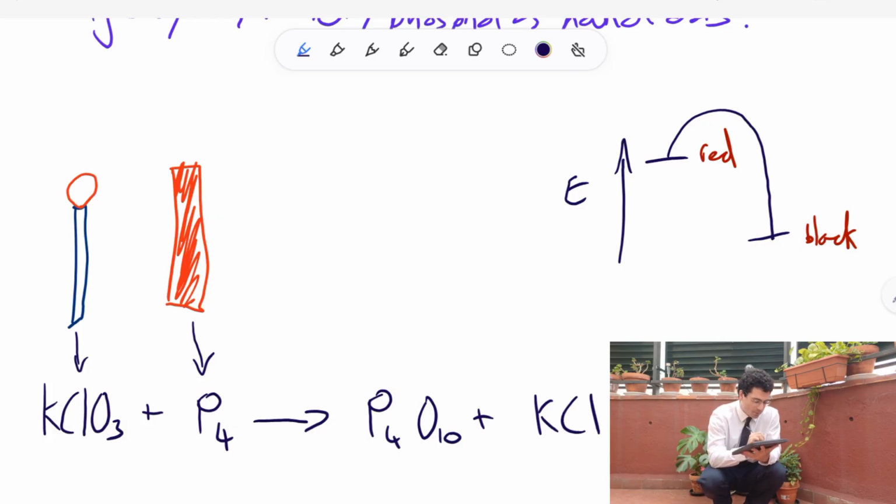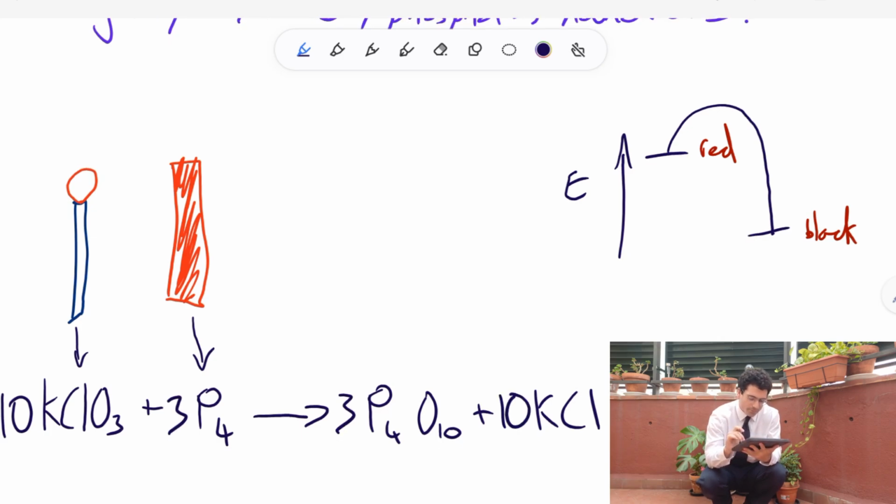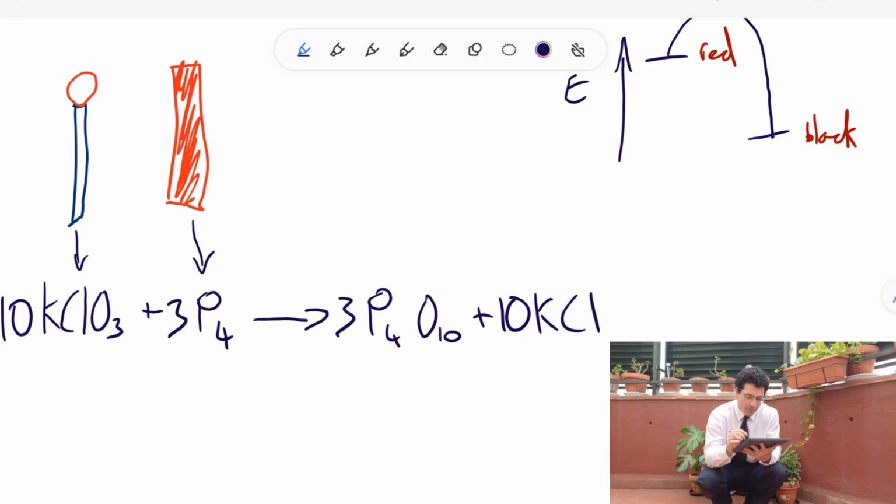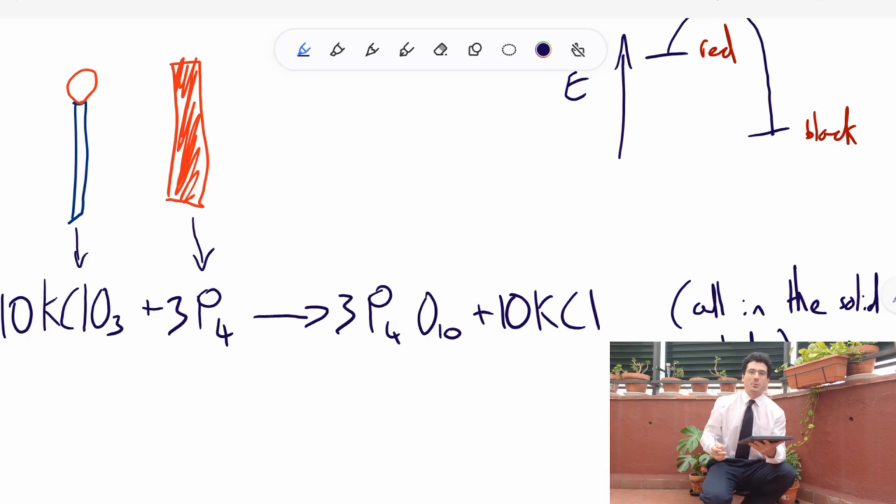To balance this, you need 10, 3 of those, 3 of those, and 10 of those. And these are all in the solid state, just to save myself the small S symbols, which are very tedious to write down.